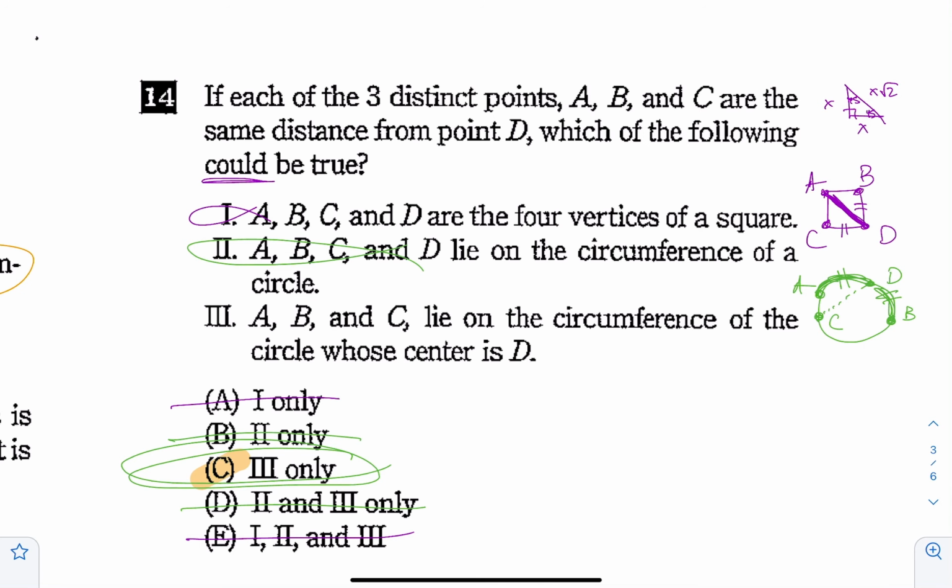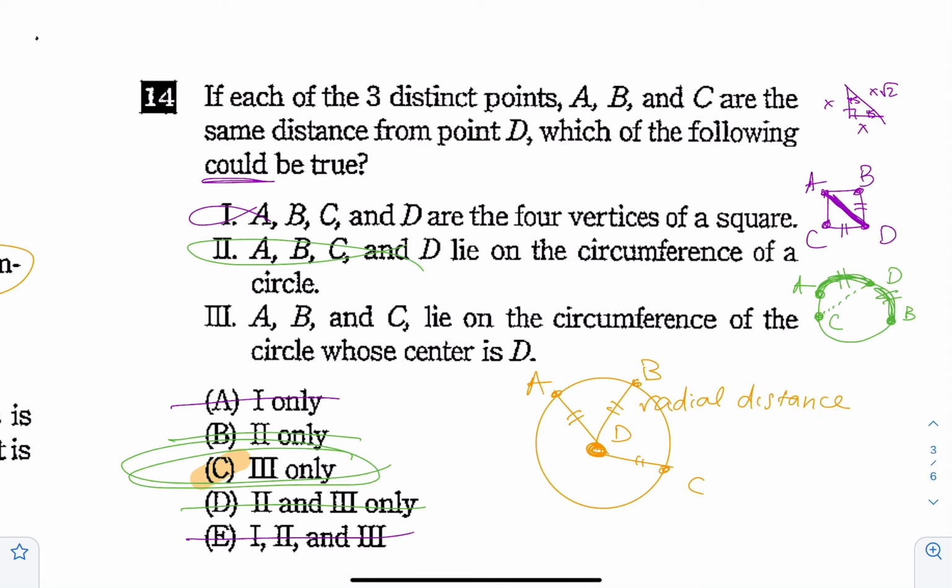And now choice C is the only one that's correct, because you can have a perfect circle in which the center is D, and A, B, and C are all on the circumference, which means the distance to the center is just the radius. And this radial distance is always equal.